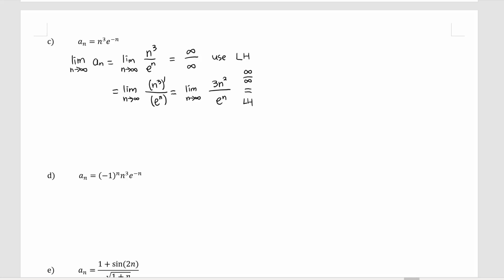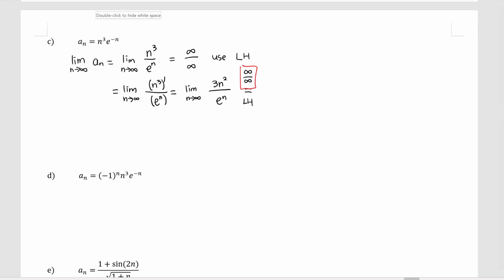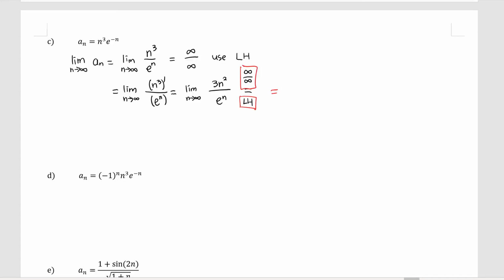At the step where you use L'Hopital's rule, please make sure you write the case, infinity over infinity or 0 over 0, and make sure you write L'Hopital's rule. So that equals the limit as n goes to infinity of the derivative of 3n squared over the derivative of e to the n.